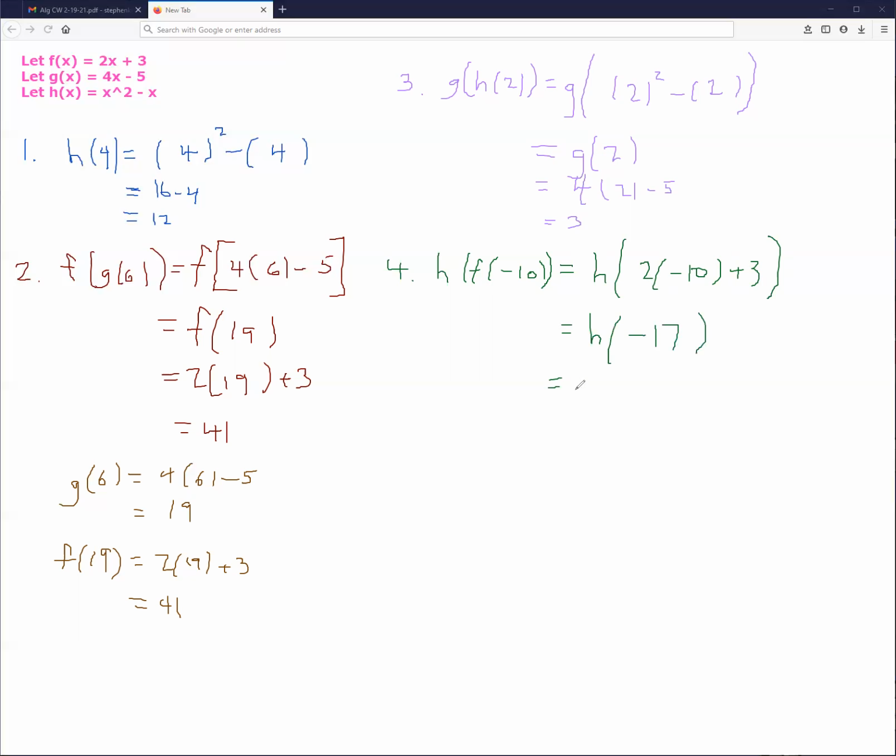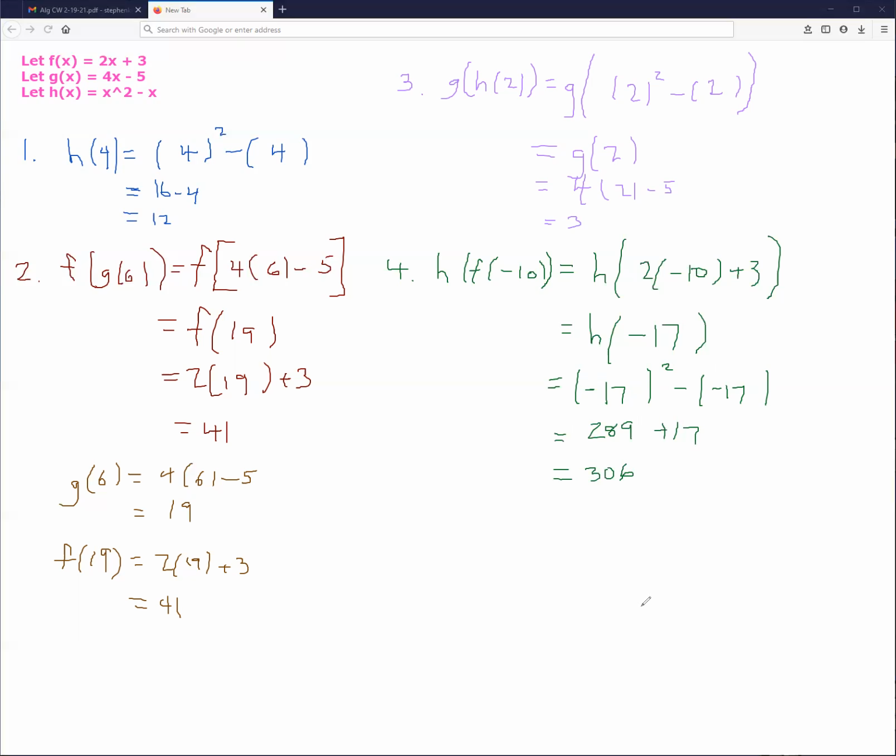And now h of -17 is stuff squared minus stuff, and the stuff in question is -17. 17 squared is 289. The fact that this is negative doesn't matter. Negative times negative is a positive. And minus -17 is like a plus. So this is going to equal 306.